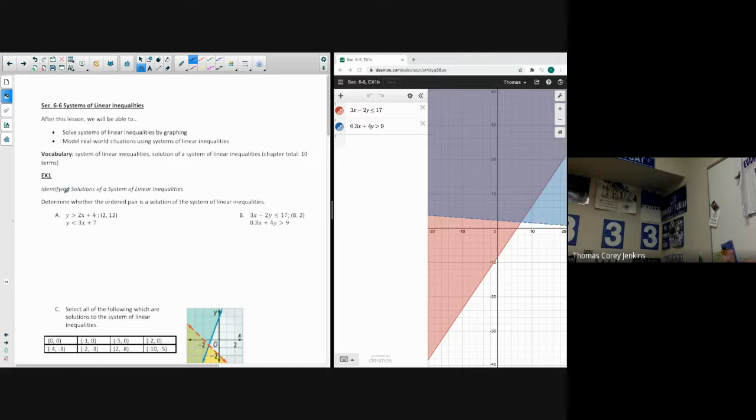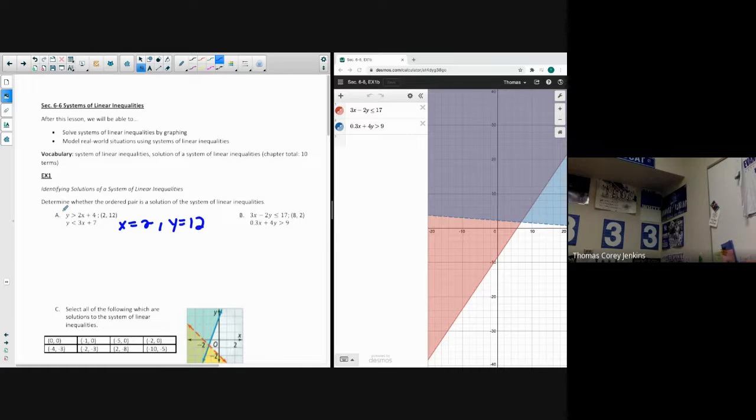So first things first, how do we identify solutions of a system of inequalities? The answer to that is you do it the same way you would on a single inequality. You just sub in whatever the point is. So we want to know, does (2, 12) fit this system? So we're going to sub in x is 2 and y is 12.